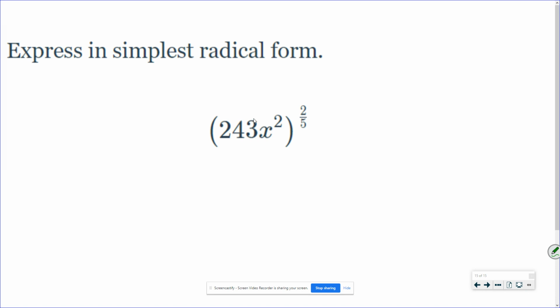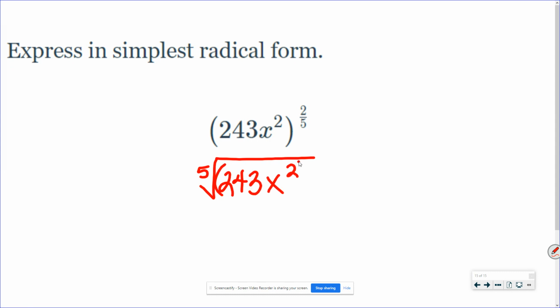This next one's a bit different, because what we would want to do first is apply the power rule. Actually, no, let's not apply the power rule. Let's just write it as a radical. Being that there are parentheses, that means that everything is going to be inside of this radical. So this is going to be 243x squared.